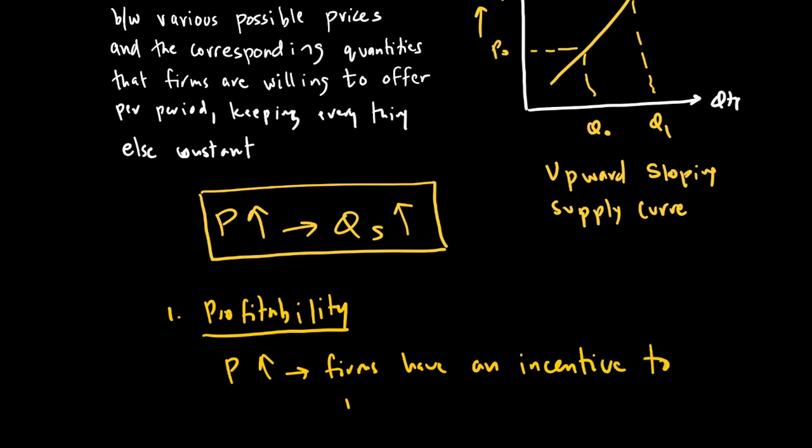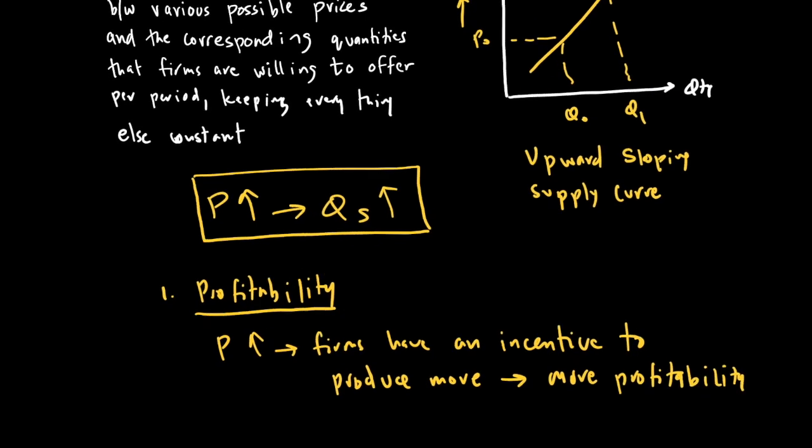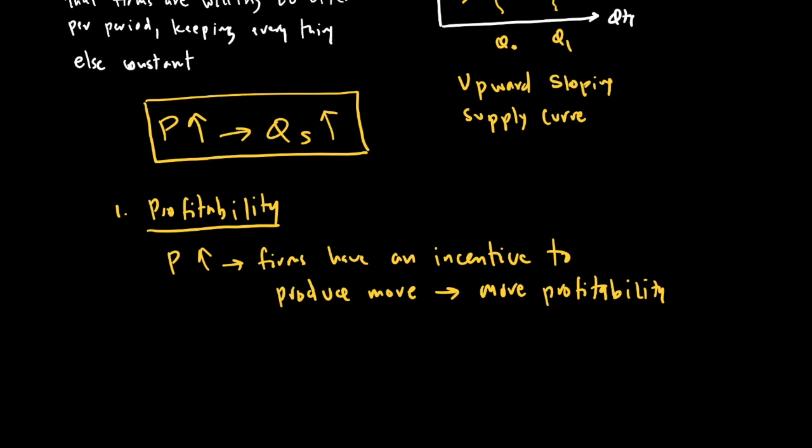Why? Because they can make more profit. So more profitability is a reason why firms will have an incentive to produce more, because now you have a better price.